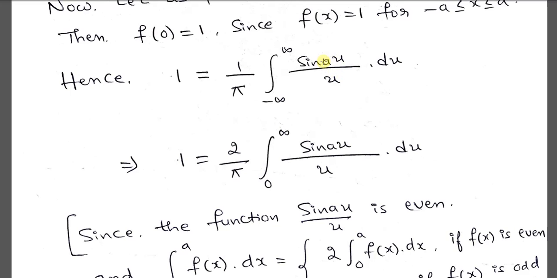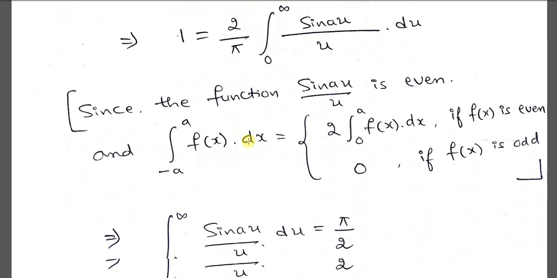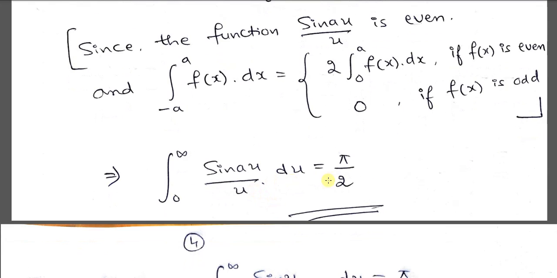So here when I take the minus term, sin of minus theta is minus sin theta, and the denominator is minus u, so minus minus cancels, you get the original function. So the given function is even, therefore this can be written as 2 times 0 to infinity sin au by u. But I want the value of this, so you shift these terms to the LHS, therefore we get the answer as pi by 2.